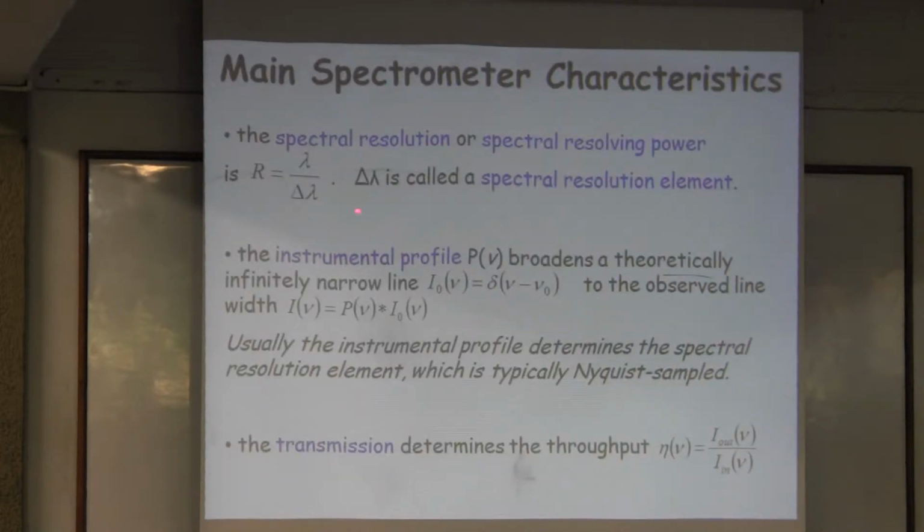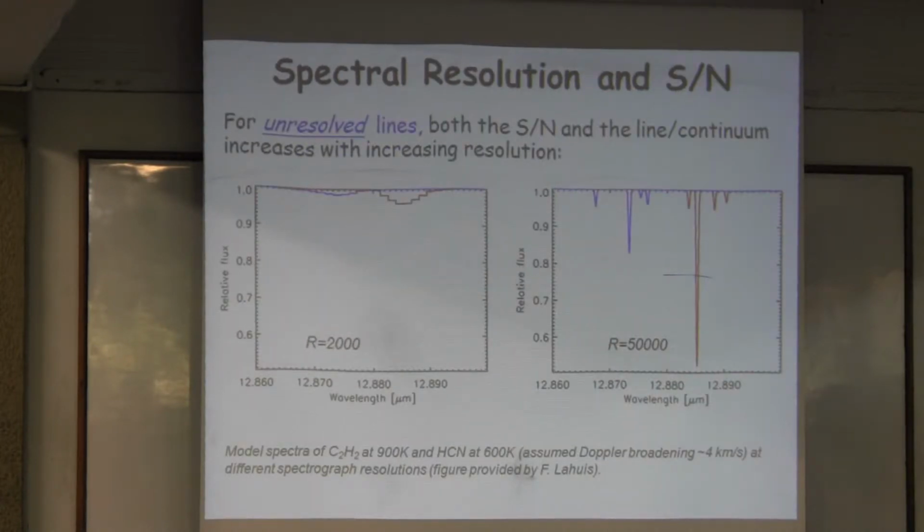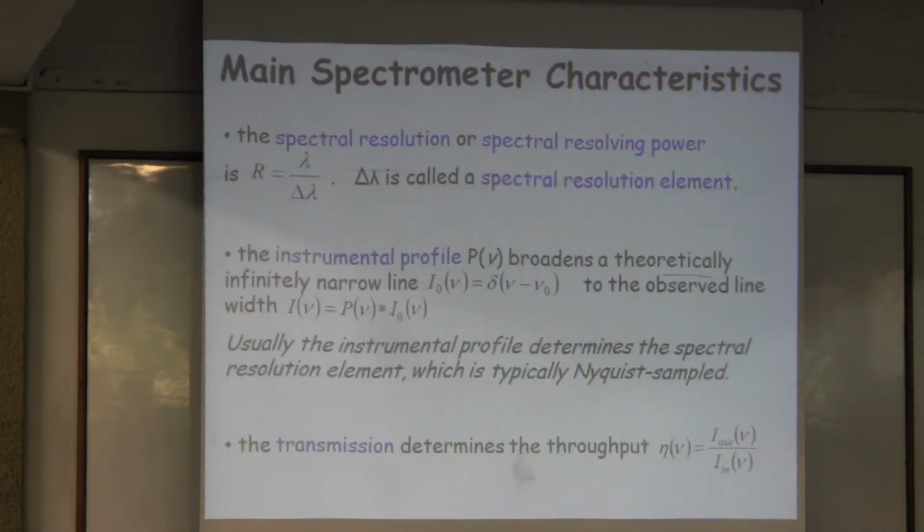Remember, let's do the numbers again. Let's say you look at 10 micrometer wavelengths, and we have a resolution of 2000, what's delta lambda?